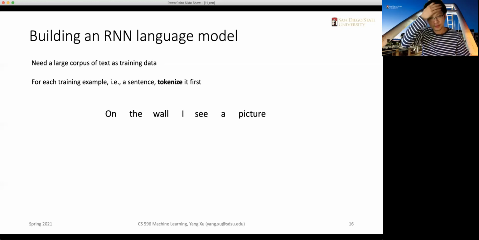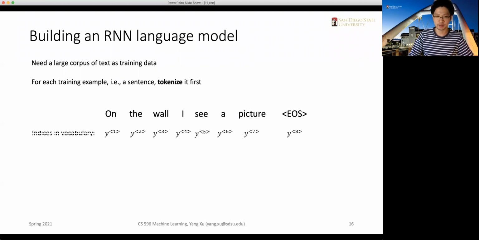So "on the wall, I see a picture" is a training example. Usually what we can do is append a special token called end of sentence, because we also want to predict when that sentence ends. If we don't have that special end of sentence token, the predictions are never going to end.